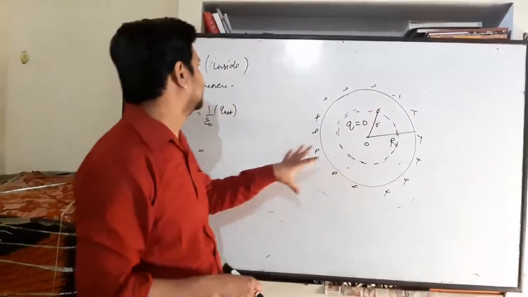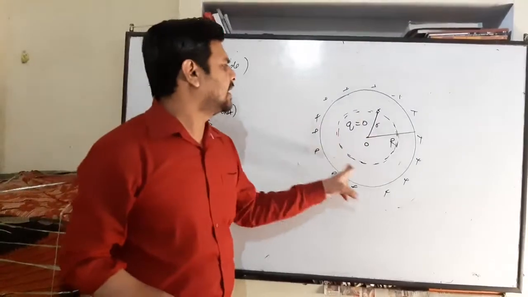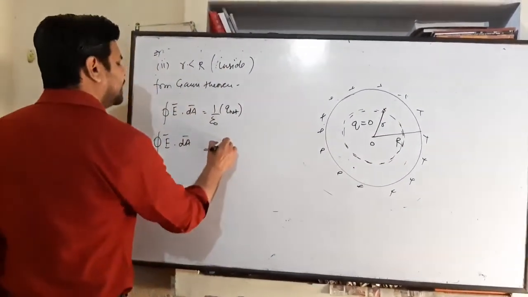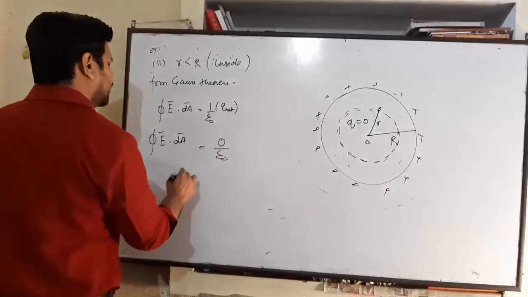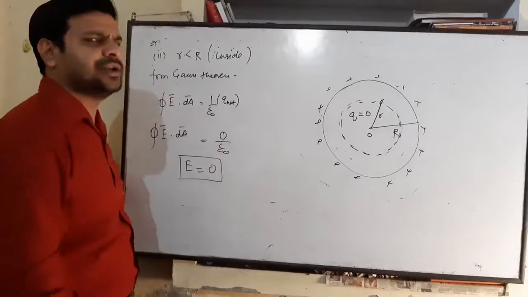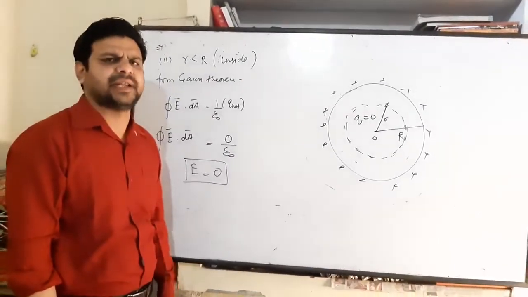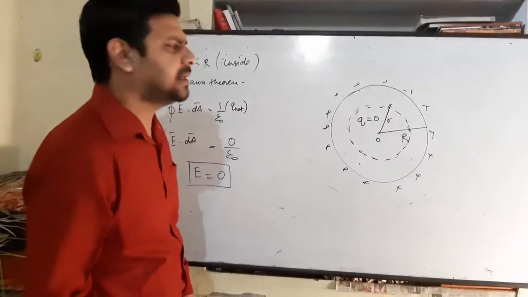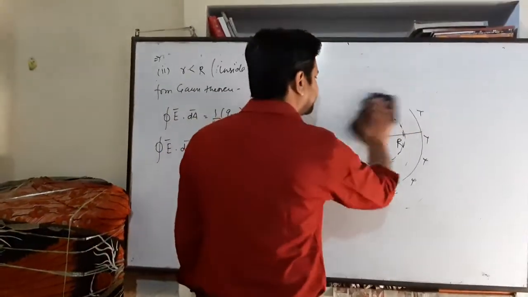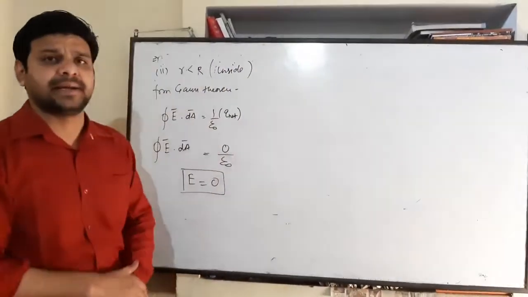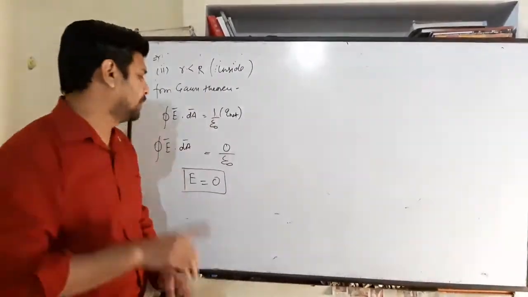So in this third case, the total charge inside the Gaussian surface will be 0. So the intensity of electric field will also be 0 inside a spherical conducting shell. This is a very important statement. Now you can say the electric field inside a metallic conductor is 0.